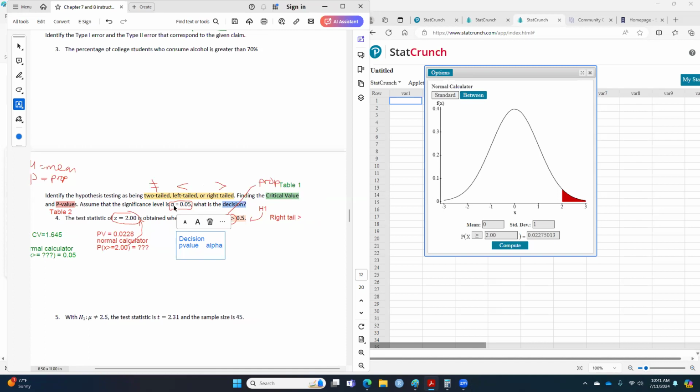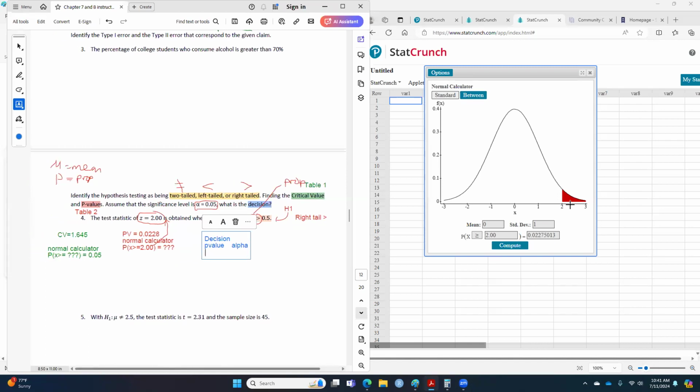So what you're looking for is your p-value, which is found in the question, the one that you just did over here, which is 0.0228, and alpha, which is given in the question, it is given to us 0.05. So this is your p-value found in the question before, and alpha is the one after that. And you notice that this p-value is less than alpha.